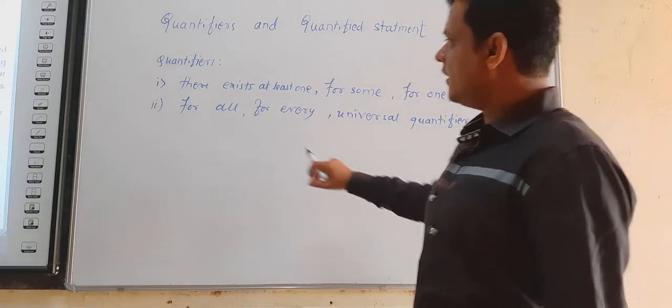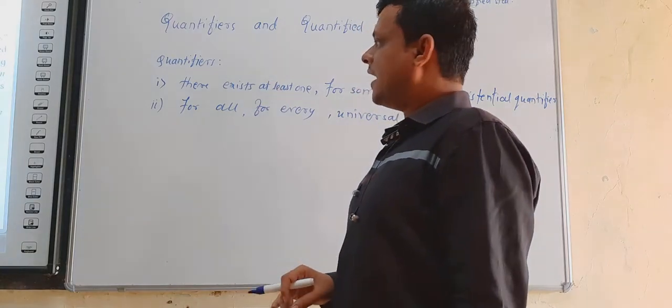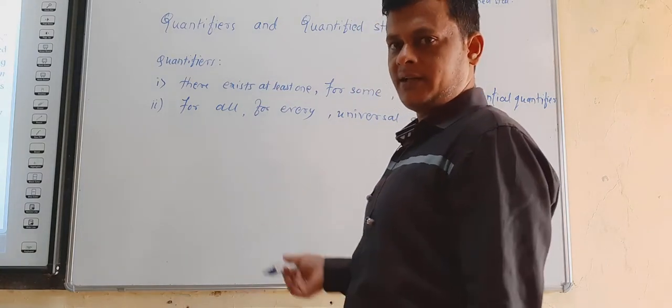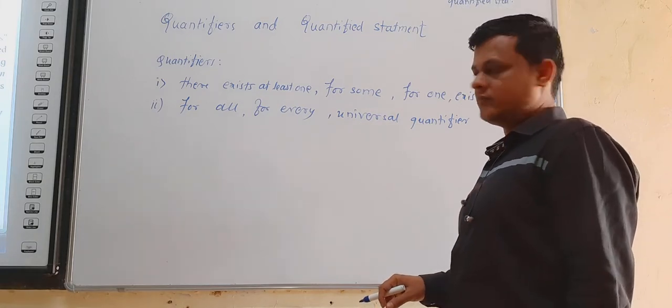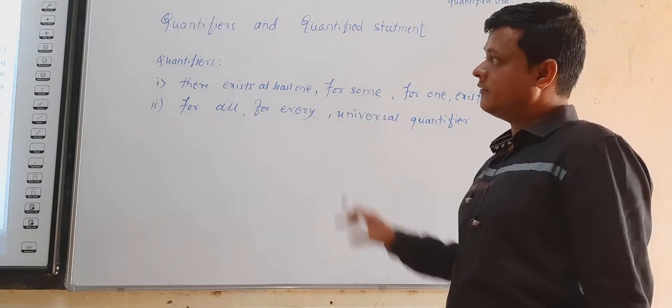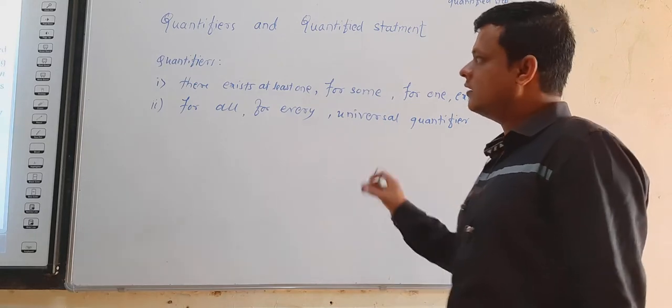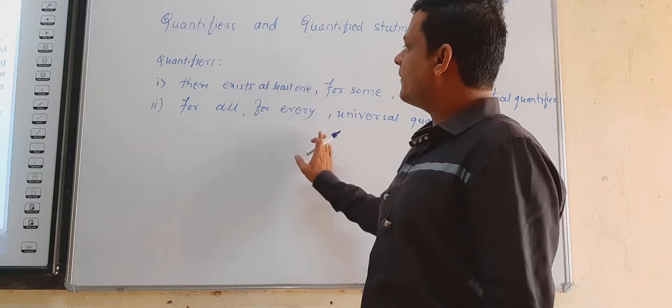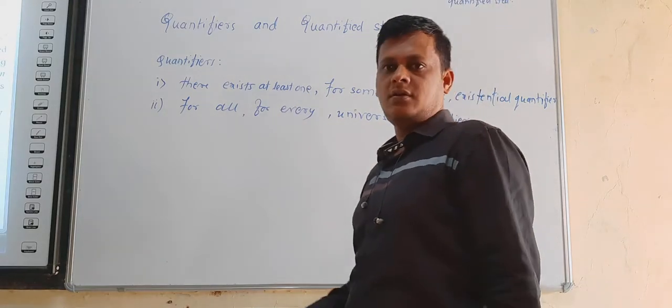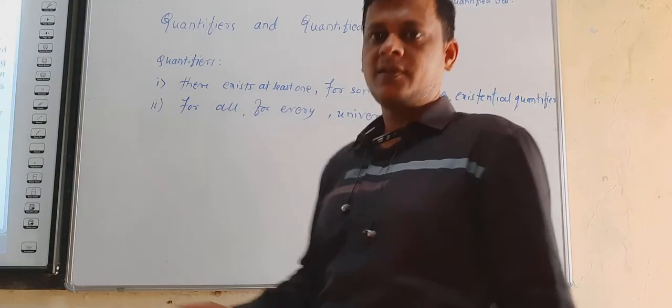If these quantifiers are used in given statements, then the statements are called quantified statements. If these quantifiers are not given, then the sentence is an open sentence. By applying this condition, the open sentence can become a statement.